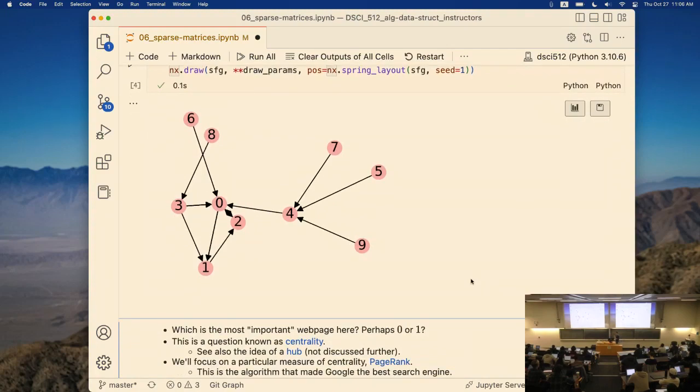Okay, so this question in general is called the centrality problem. We have a lot of measures to analyze a graph and measure the importance or significance of different nodes. You can take a look at this link when you have time. There are a million things you can compute about a graph, and a lot of it deals with this idea of centrality. For example, we have this concept of betweenness in a graph.